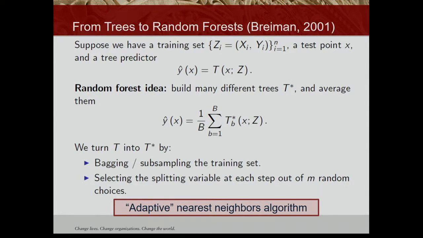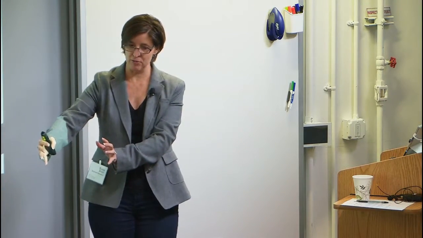It's a predictor. What it basically does is it takes a whole bunch of different trees and averages them up. It also builds very deep trees, so it tries to make the leaves really tiny. Each tree differs because you're subsampling the training set. We can think of this as an adaptive nearest neighbors algorithm. Each tree is going through and splitting on covariates, finding covariates that are important for heterogeneous treatment effects.